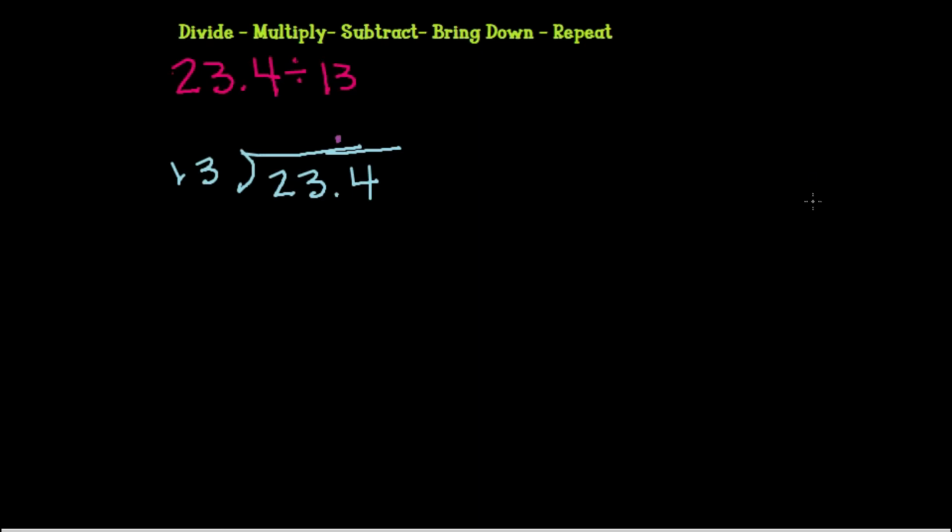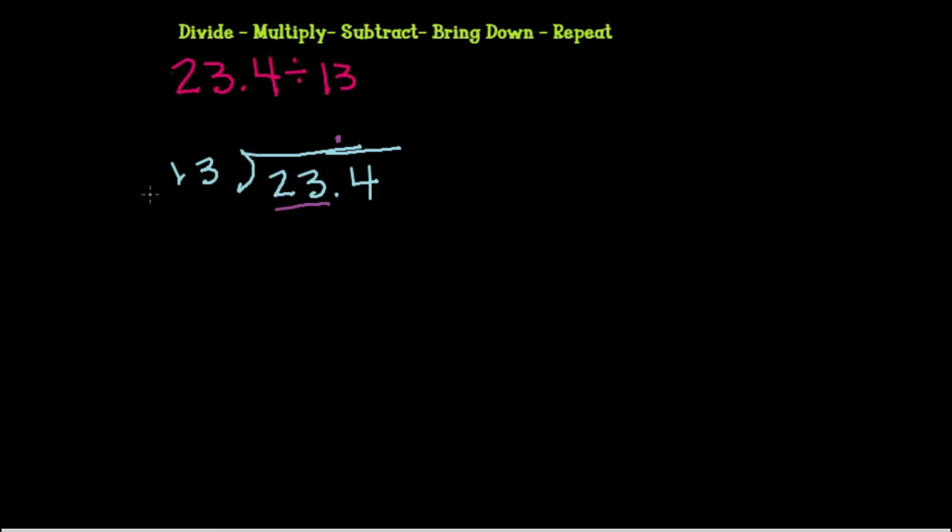Like we did before, we look at the first digit, 2, and we're going to try and divide 2 by the divisor, 13. We realize that 13 is greater than 2, therefore the division is not possible. So we're going to take the first and second digits. We'd say 23 divided by 13.